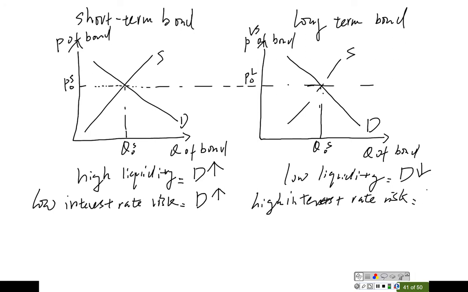And the long-term bond faces a high level of interest rate risk, so demand will go down. So if you see here, both factors, liquidity and interest rate risk, will push the short-term bond demand to the right, and these two factors will push the long-term bond demand to the left.